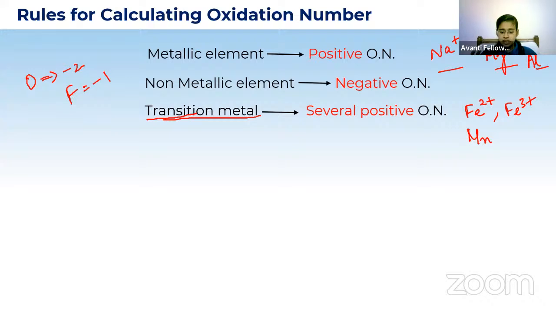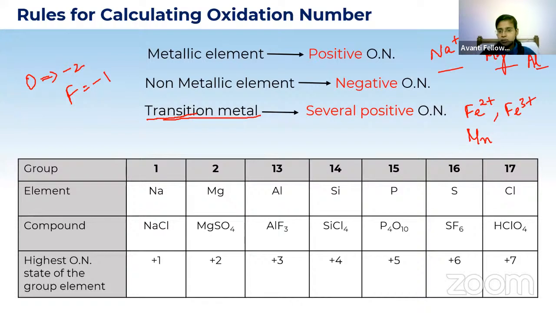Now I will give you a list of some of the group elements and their oxidation numbers. Here you can see that I have taken group 1, group 2, and from group 13 till group 17 elements. In group 1 and group 2, I have sodium and magnesium, and from 13 to 17 onwards, aluminum till chlorine is filled.